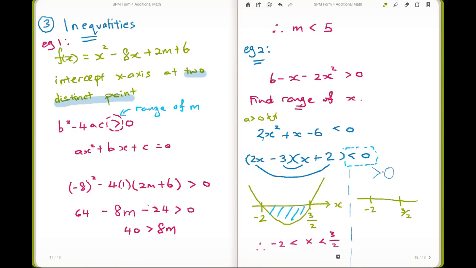If the question asks for more than 0, the curve doesn't change. The area where it is more than 0 would be the area here and here. Therefore, your answer would be different, and it would be x must be less than -2 or x must be more than 3/2.